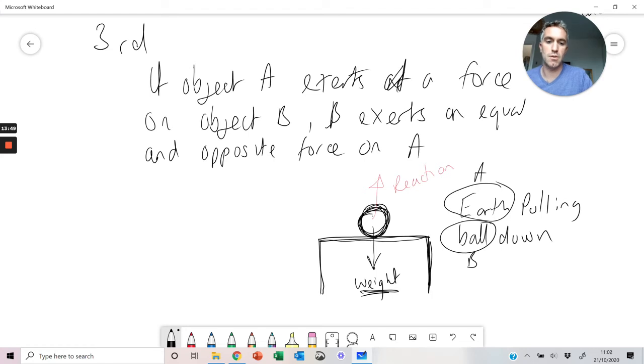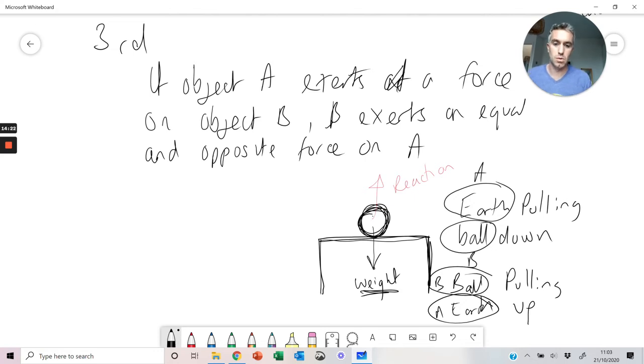A exerts a force on object B. So earth pulling ball down. That's the first thing. The second part says B exerts an equal and opposite force on A. So B, ball, equal force pulling A, earth, but opposite, up.